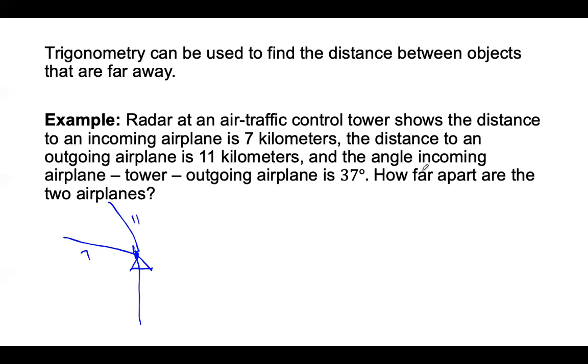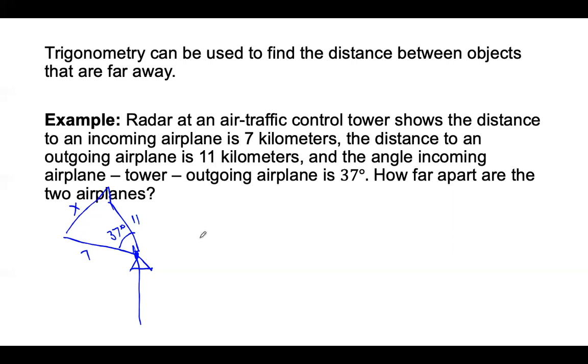The angle from the incoming to the outgoing airplane is 37. So this angle here is 37 degrees. How far apart are the two planes? What is this distance x here? It's not exactly drawn to scale.